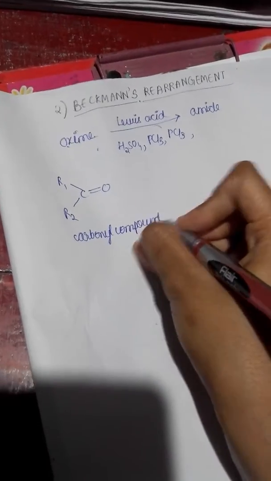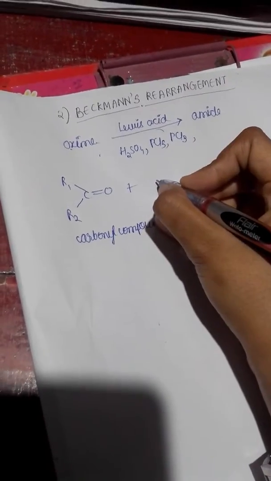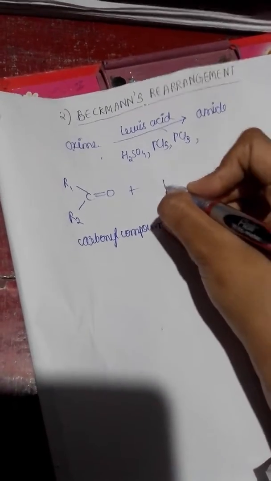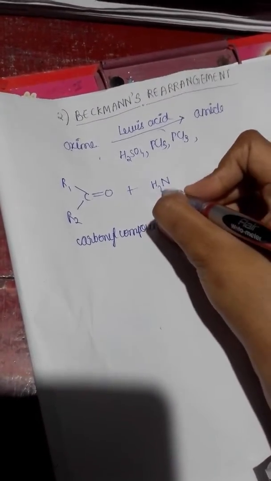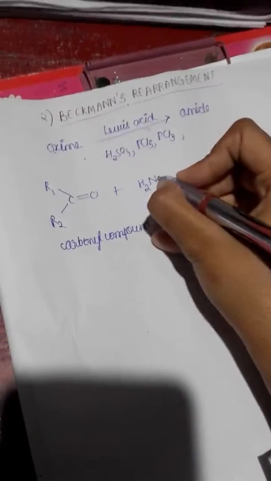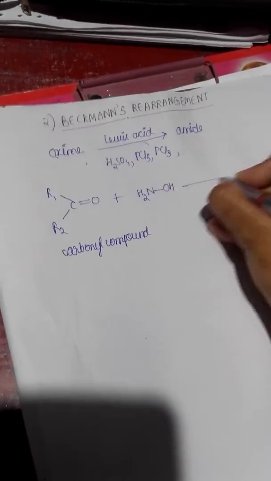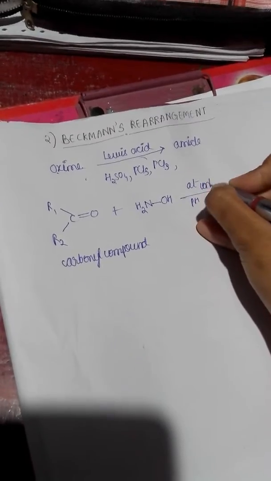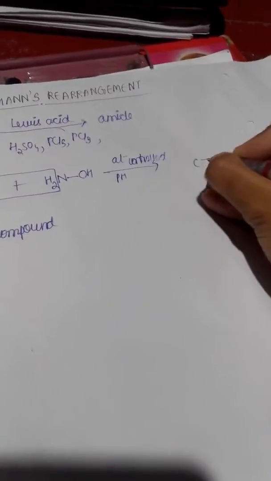Carbonyl compound. And to this, we add hydroxylamine, which is NH2OH basically. I wrote H2 here just for convenience, NH2OH. And if the pH is controlled, and we make this react, what happens is that water comes out, and as a result we get the oxime.